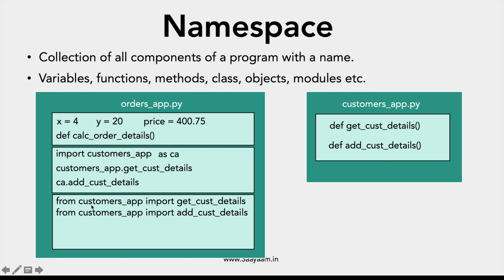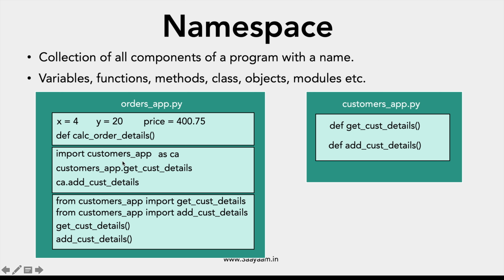But if we use from customers_app import get_customer_details, what would happen is that get_customer_details and add_customer_details would be added to orders_app namespace. So then you can go ahead and use the functions without the namespace of customers_app.